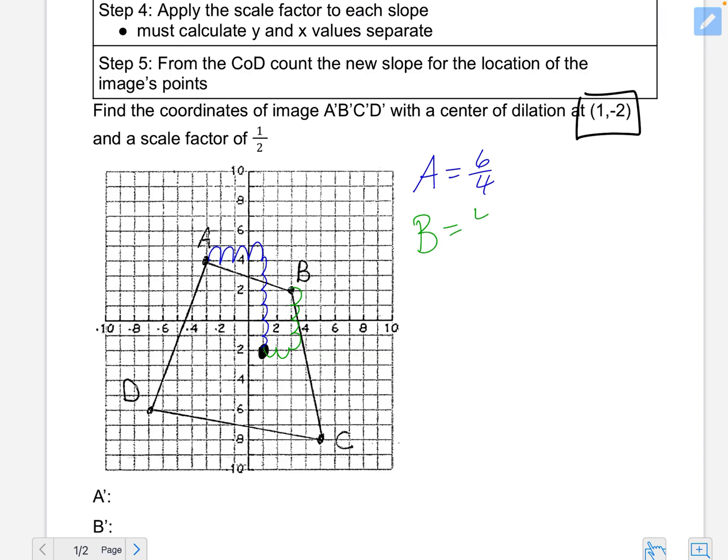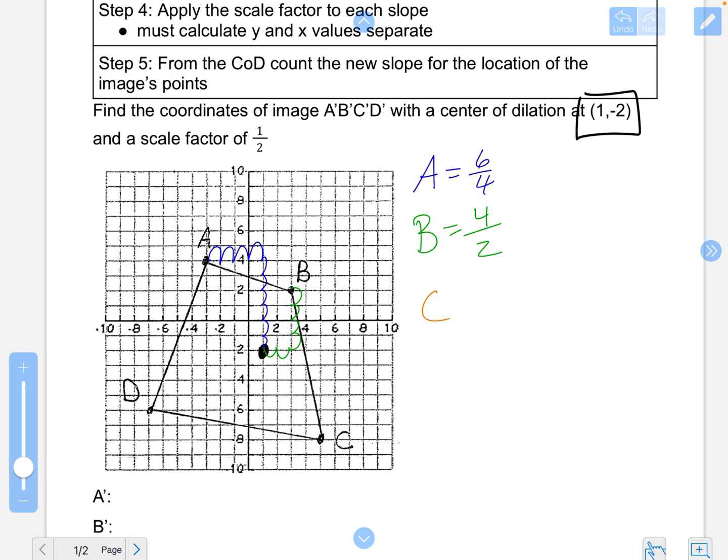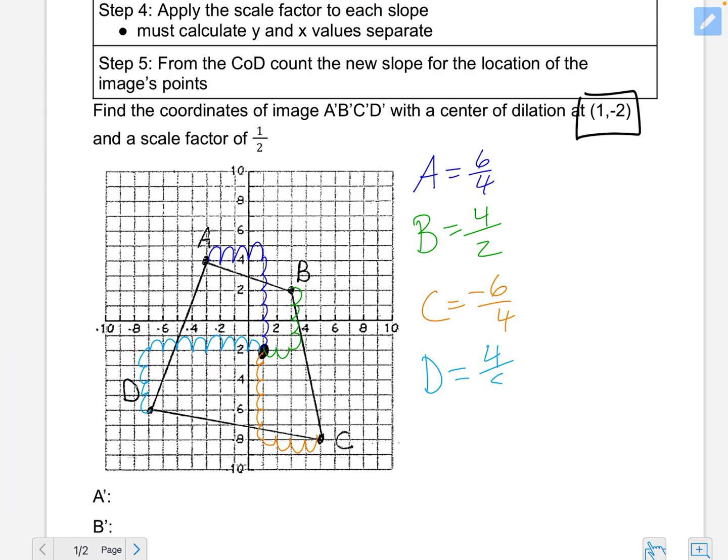So B is a rise of 4 over 2. C is a rise of 1, 2, 3, 4, 5, 6 and a run of 1, 2, 3, 4, so -6/4. And then D is 1, 2, 3, 4, 5, 6, 7, 8, and 1, 2, 3, 4. So D is a rise of -4 and a run of 8.